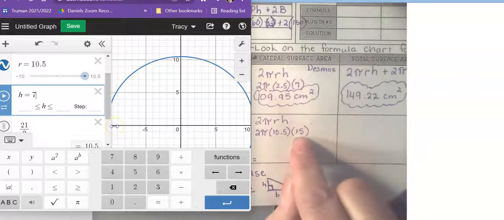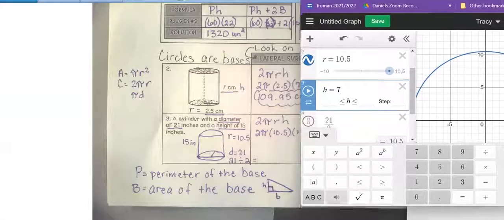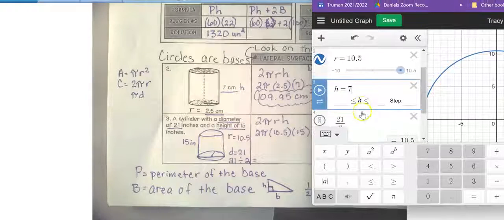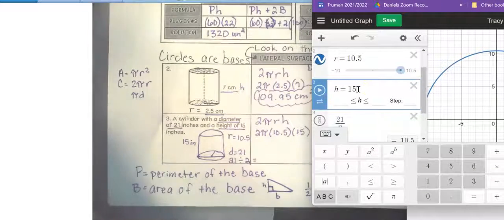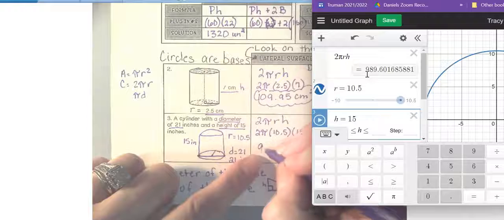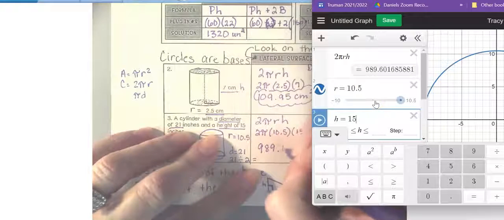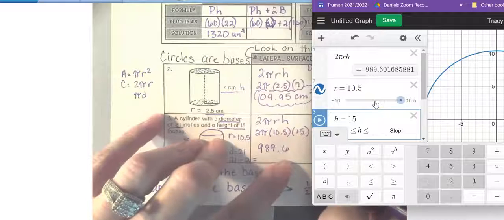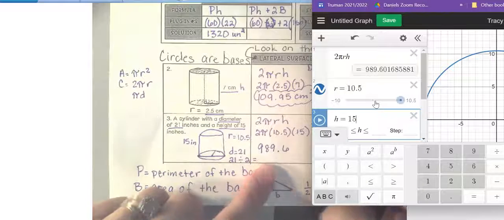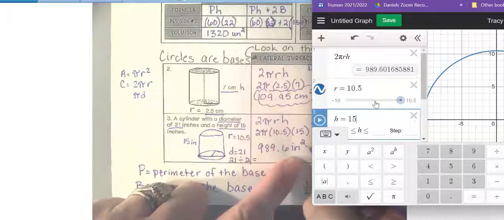My height was 15. Let me go on this side, it's a little easier. There you go. Height was 15. And now I go up here, it's done all my calculations for me, so my lateral surface area is 989.6 inches squared, because it's area, not volume.